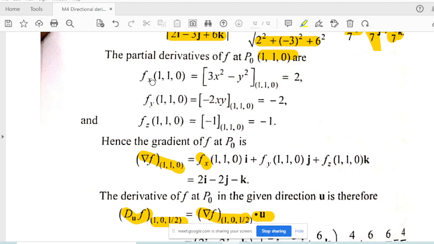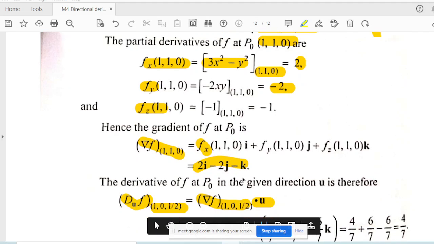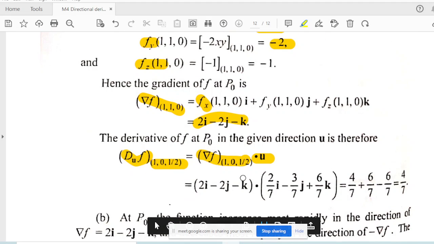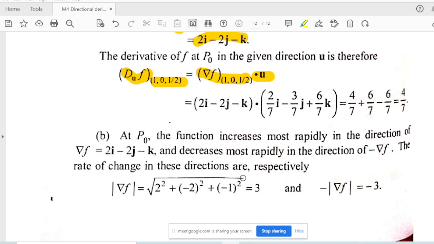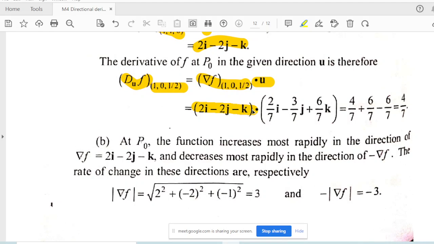So f suffix x at the point 1 1 0, the partial derivative with respect to x at the point 1 1 0, we get this value. Similarly find fy and fz. Substitute these values here. You'll be getting 2 i cap minus 2 j cap minus k cap. So we get gradient dot u cap, our unit vector, is equal to 4 by 7.